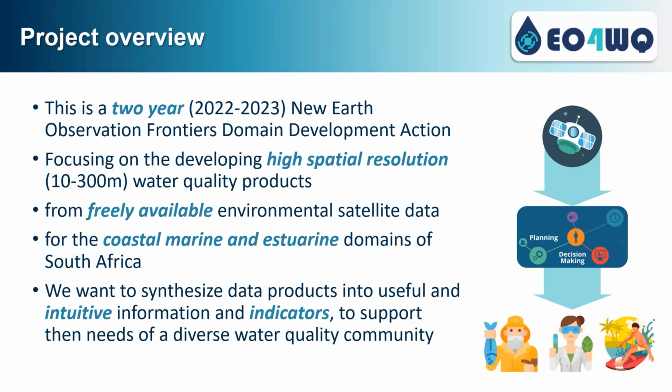And we're also going to be mostly focusing on the coastal and estuarine domains of South Africa, because the inland water bodies have generally been fairly well monitored through operational products so far already. So apart from just developing the appropriate processing chains and algorithms to provide these accurate map products, we also want to find out more from our user community in what formats to present or make these data and information available so that it would be the most useful.